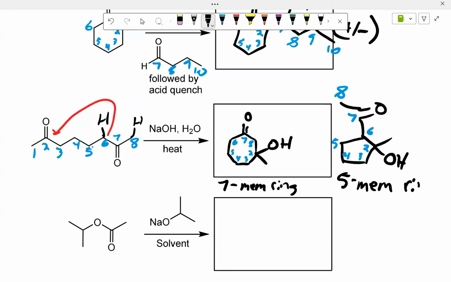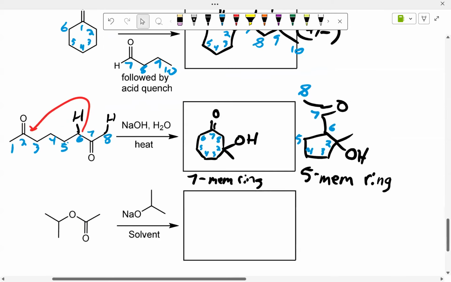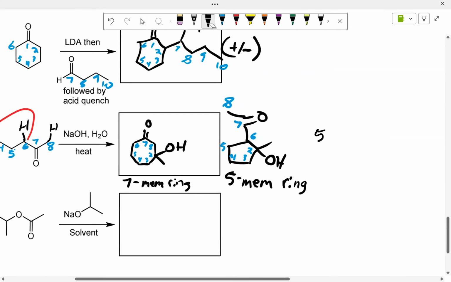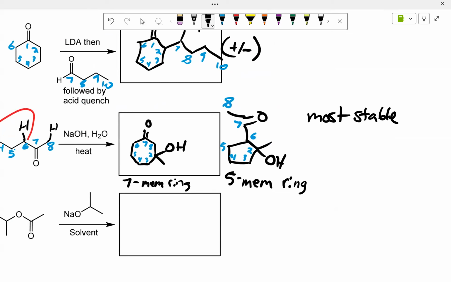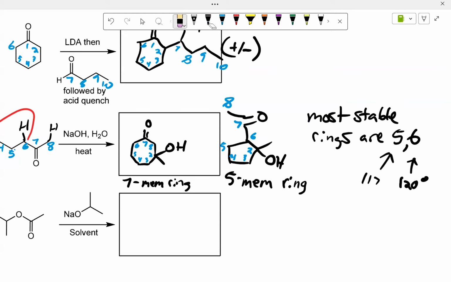I don't know if you learned this, I feel like it has to be in the book, but the most stable rings are the 5 and 6-membered rings. That has to do with the bond angles. In 6-membered rings, the bond angles are 120 degrees. I don't remember exactly what the bond angles are in 5-membered rings, I know it's a little less, maybe like 117.